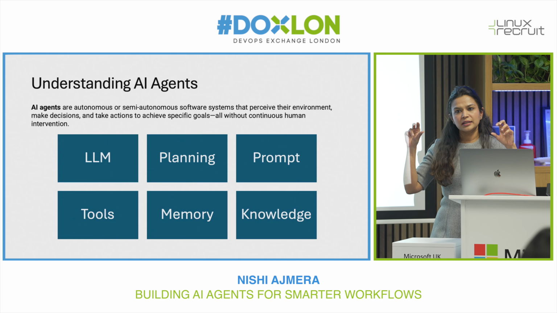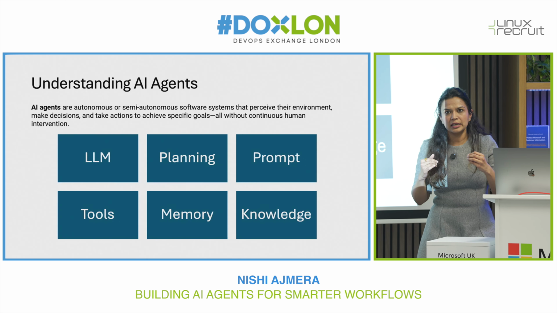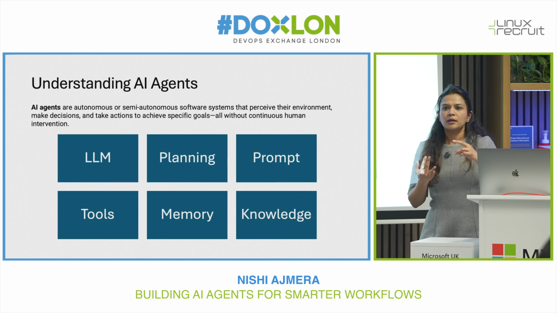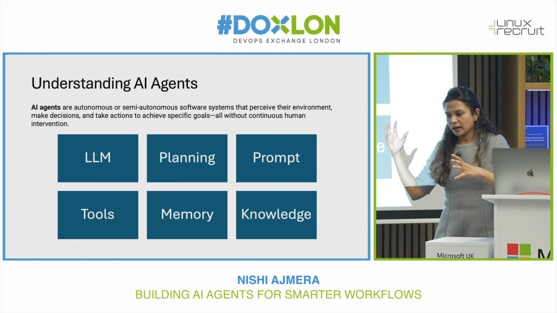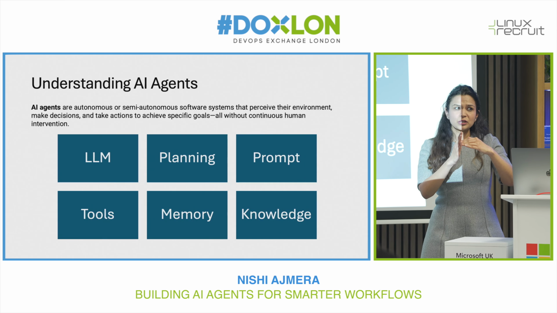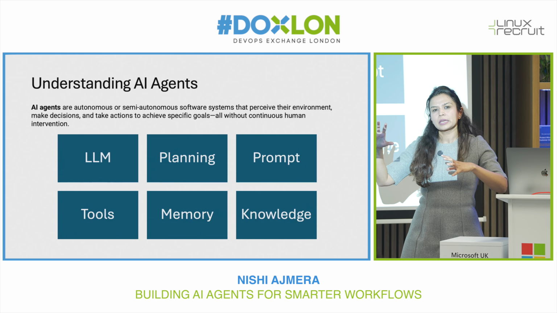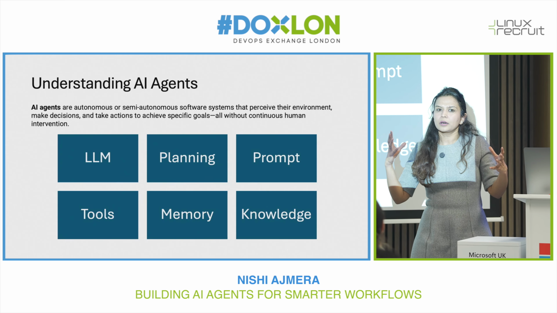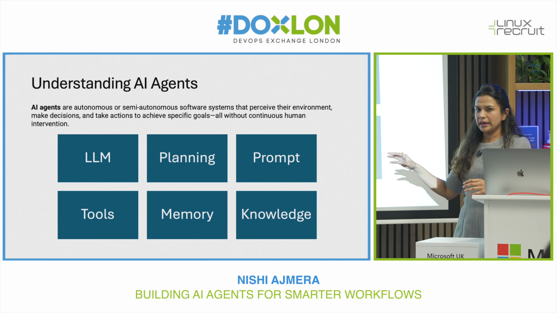LLMs are the brains for these agents, and they use these LLMs to do the critical thinking, reasoning, decision making, and then there are a bunch of tools provided to these agents, and based on the reasoning, these agents will figure out the tools which they can use to perform a particular task, right? So these are the basic components of an agent.